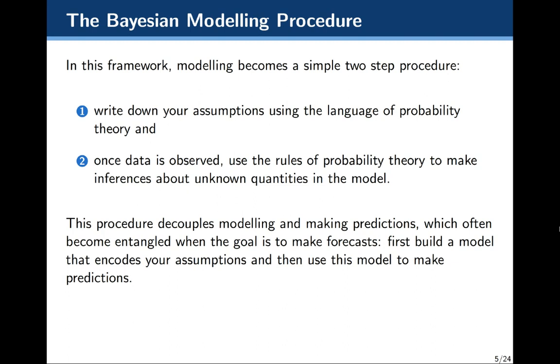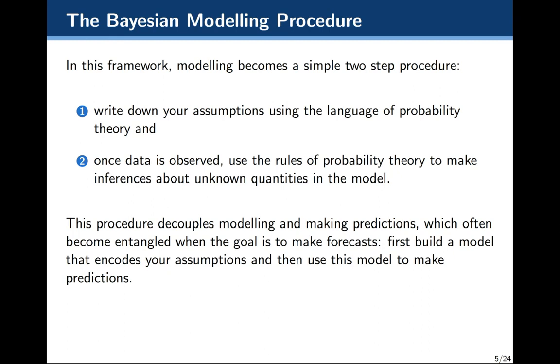So the nice thing is, in this framework, modeling basically breaks down into a simple two-step procedure. We start by writing down our assumptions in the language of probability theory. And once we've done that, if we observe some data, we use these rules of probability theory, in particular Bayes' rule, to make inference about unknown quantities in the model.